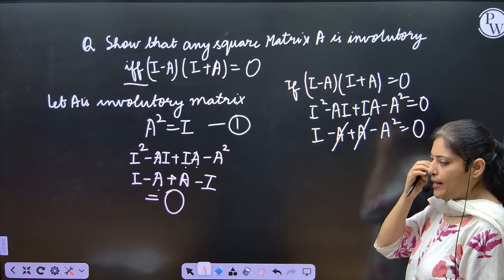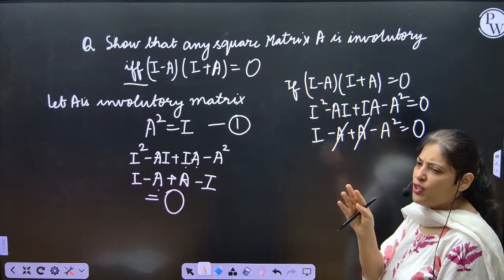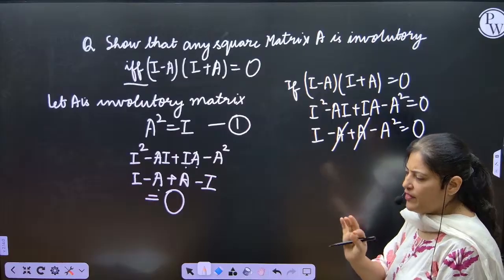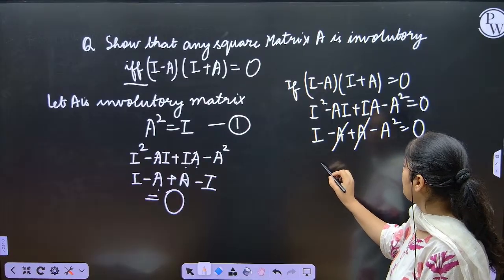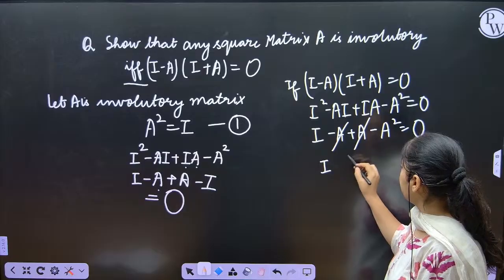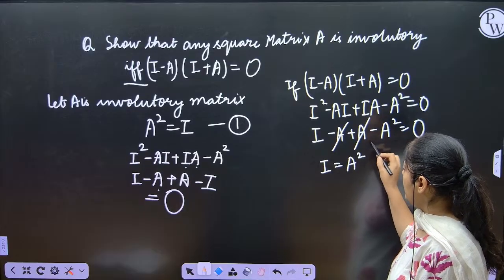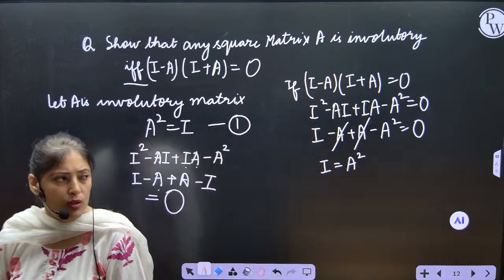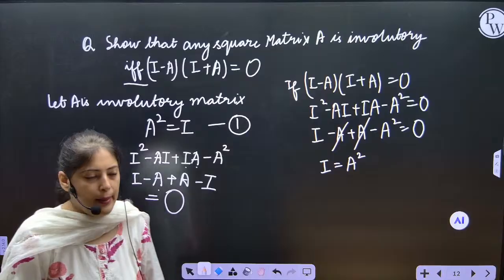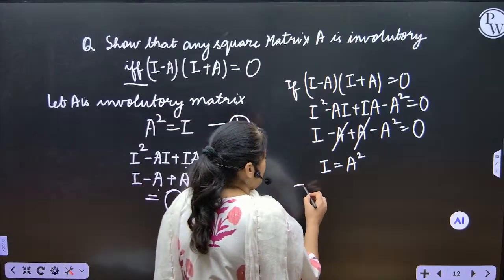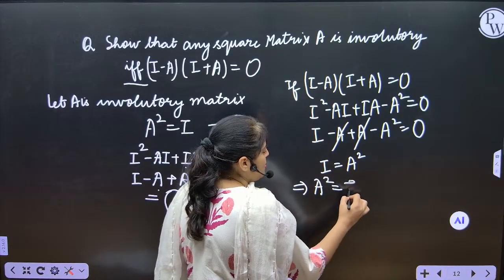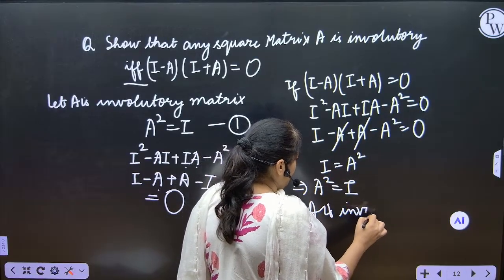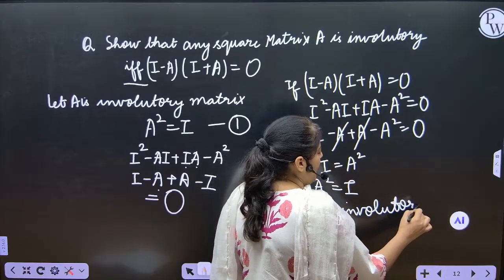When you add the original matrix with its negative, you will get the null matrix only. So remove it. A square is minus here, on the right side it will become plus. So A square equals I. This implies A square is equal to identity, which is nothing but A is an involutory matrix. Hence proved.